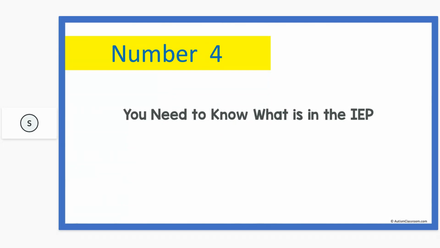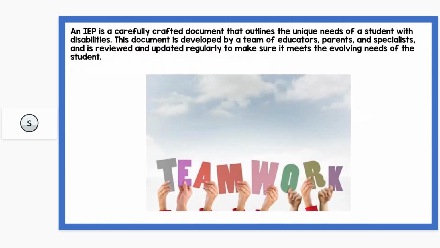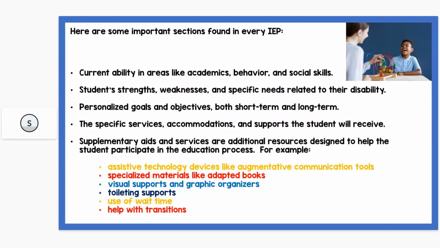And then number 4, things we want to think about before establishing our classroom. What is in that IEP? It really is unique to the student, but it really takes a team to try to understand what to do for that student. So some important sections that are found in most IEPs, usually they want to know, what is the current ability of the student?